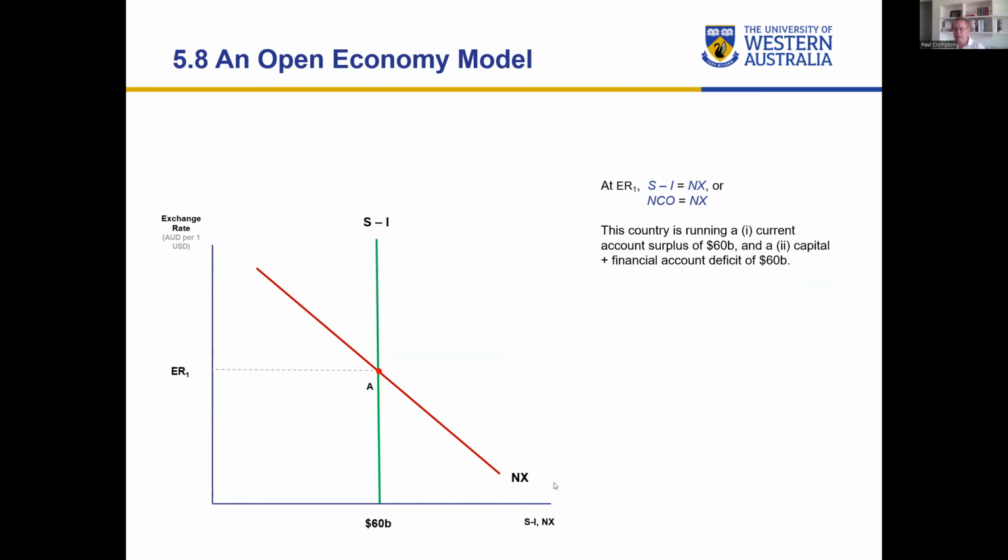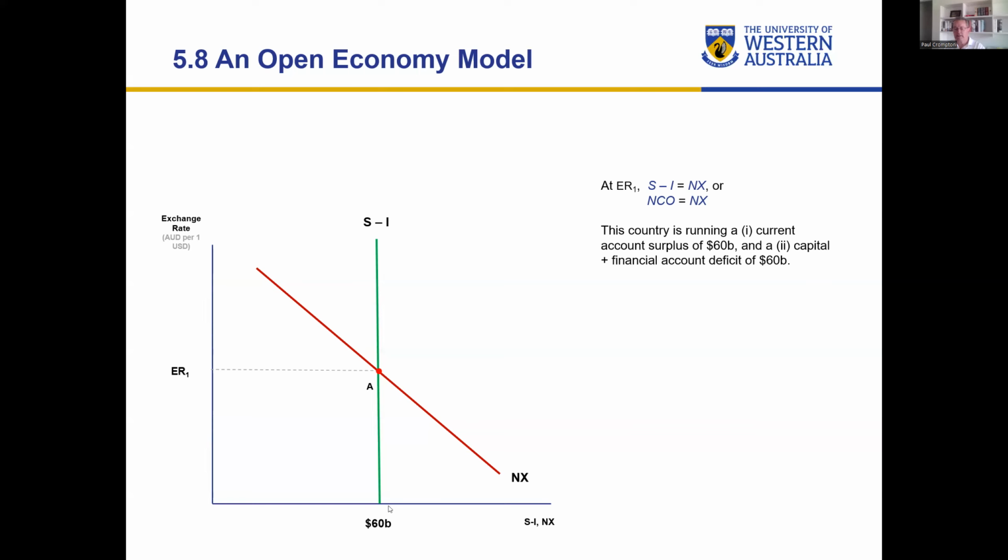X creates a demand for the Australian dollar, and M creates a supply of it. So it's the demand for Australian dollars by people buying Australian exports minus the supply of Australian dollars by people buying foreign imports.